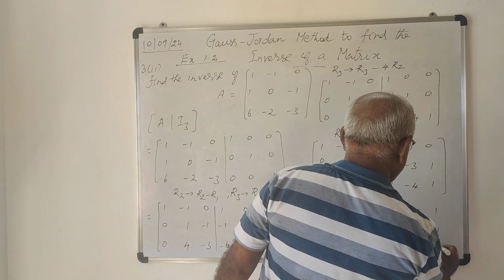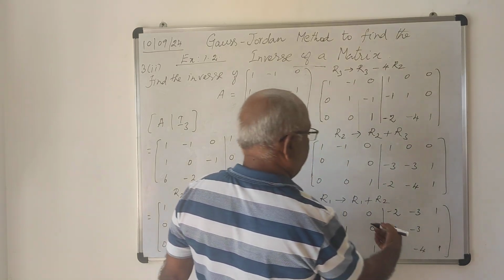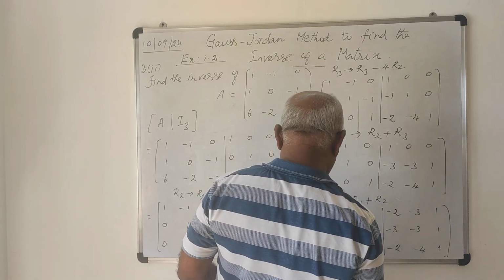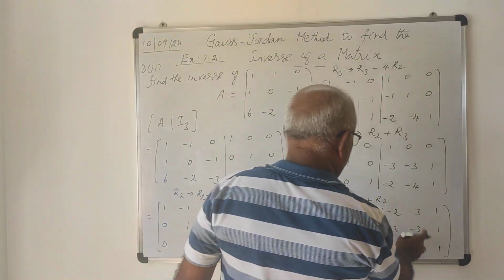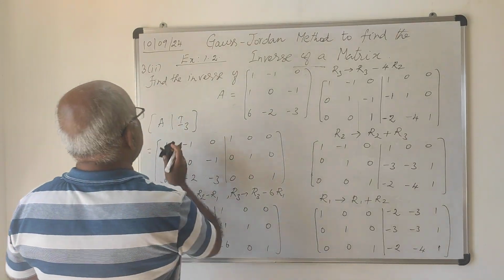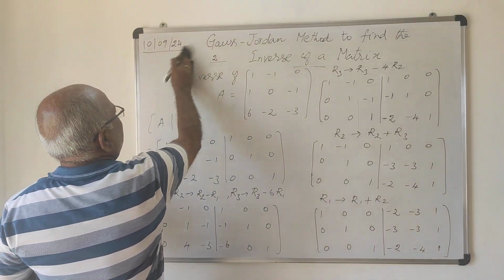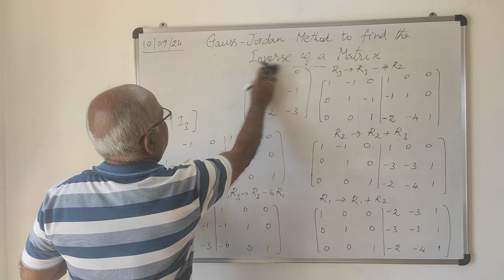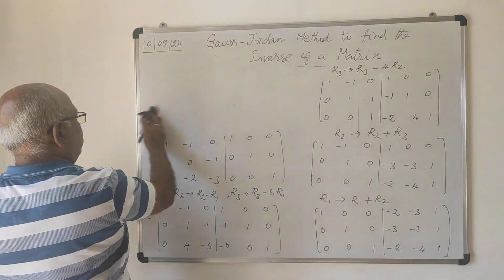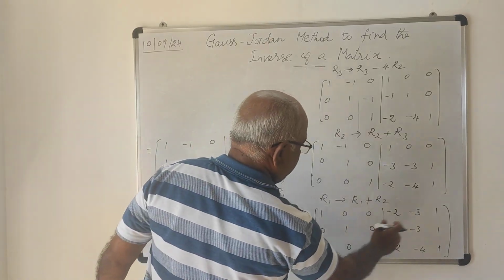So this is the inverse matrix of the given matrix A: minus 2, minus 3, 1; minus 3, minus 3, 1; minus 2, minus 4, 1. Therefore, after applying the Gauss-Jordan method, this has become I3 into A inverse.